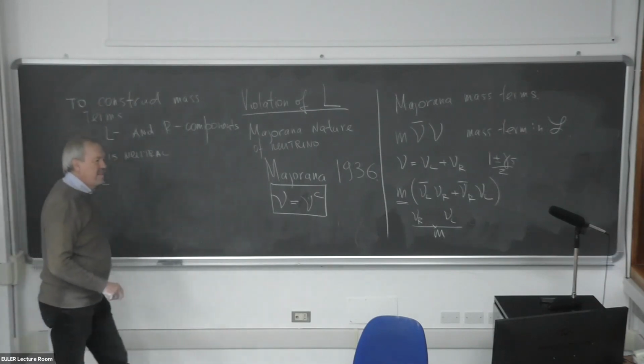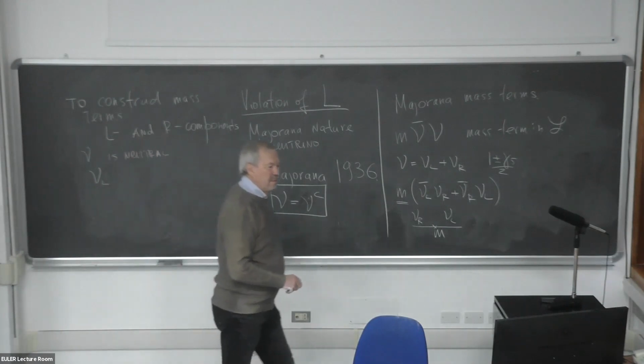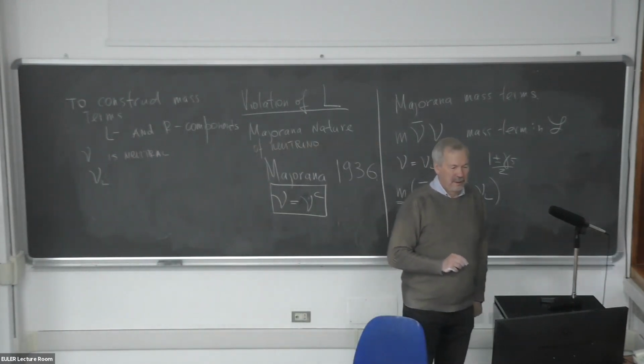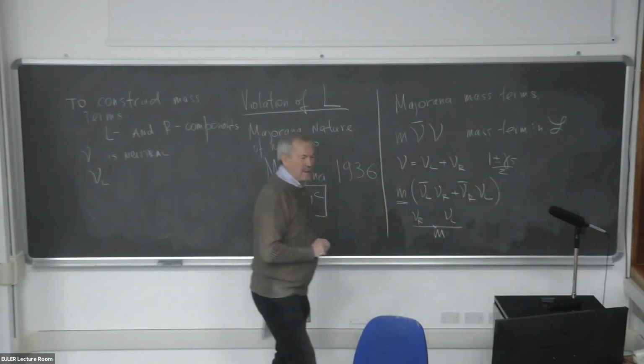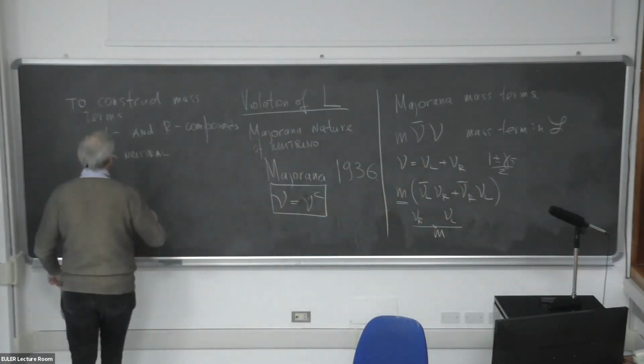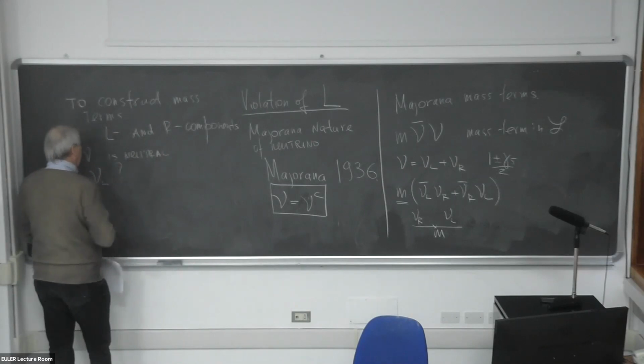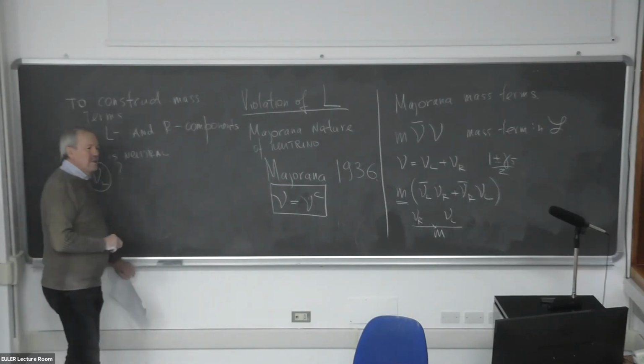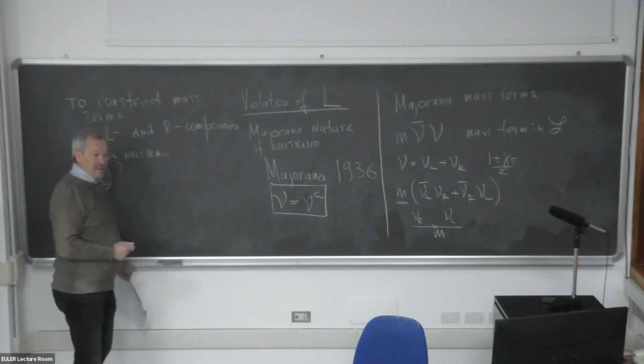Can we construct a mass term just using nu left? Can we use only the left component, which means that we deal with a two-component theory, right?